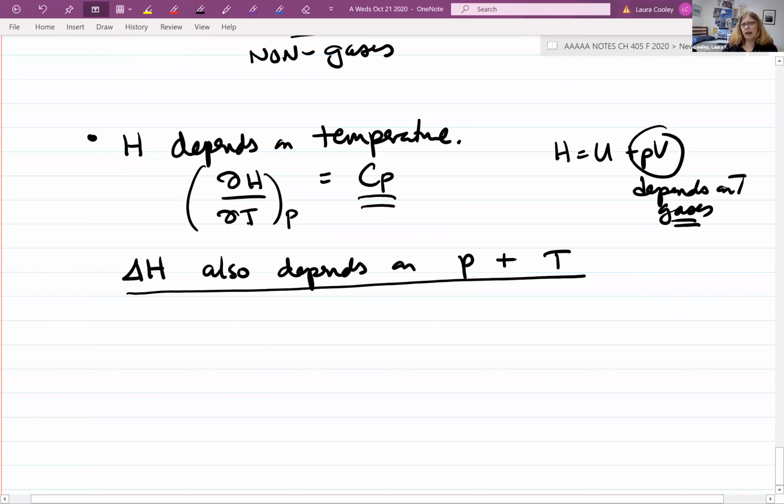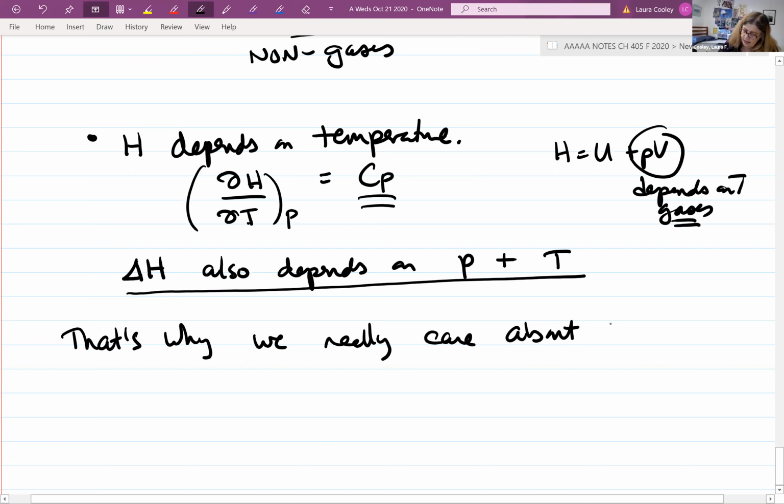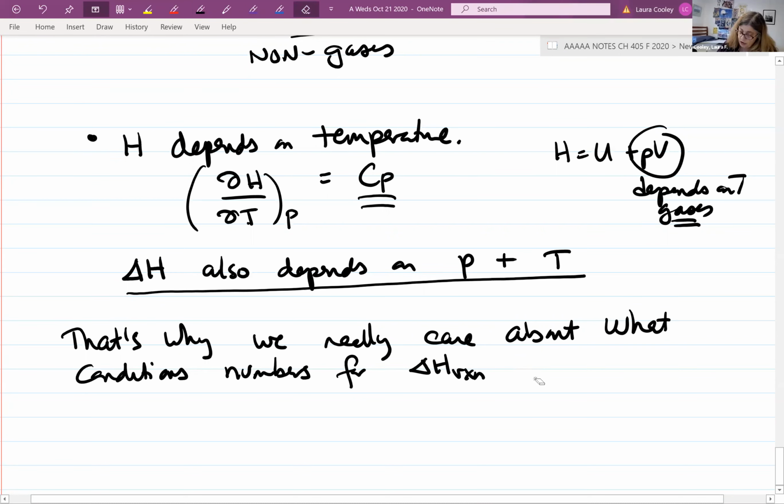So that's why we're very careful to specify the pressure and the temperature at which these delta H's are measured and tabulated, or calculated. So that's why we really care about what conditions the numbers for delta H reaction were measured in or correspond to.